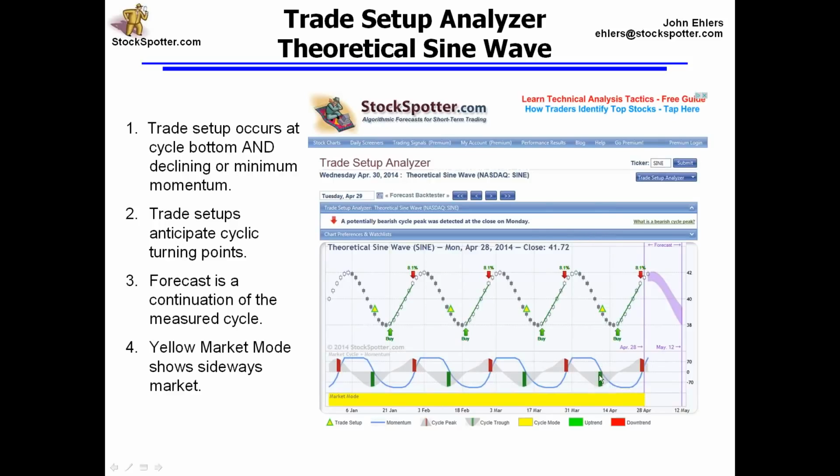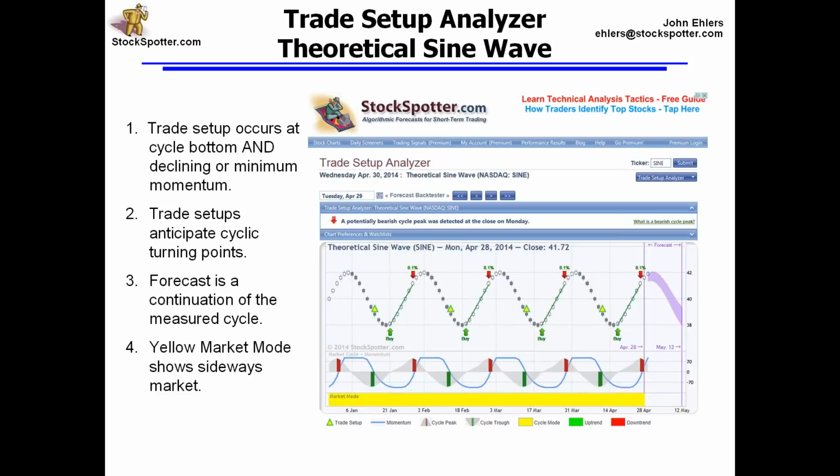Those two conditions together clean up the entry signals from what I showed you on the previous charts. And that creates a trade setup. We can take a trade up to 3 days later because we're anticipating a turning point. And here every one of our theoretical buys is dead on, and we exit on another exit rule.